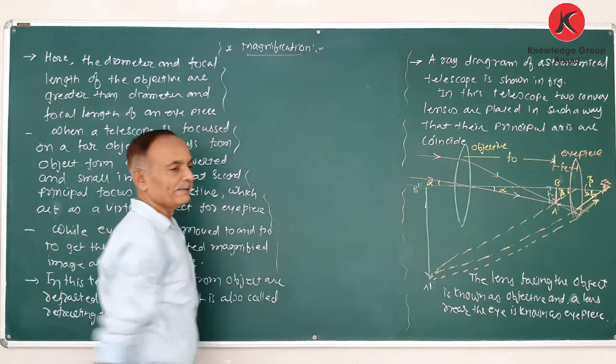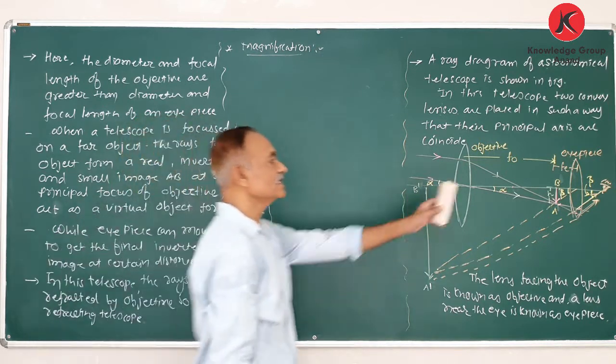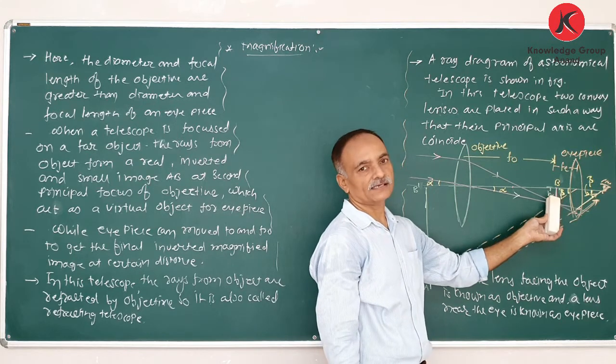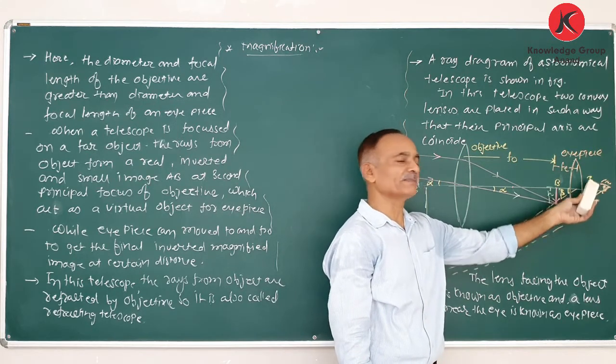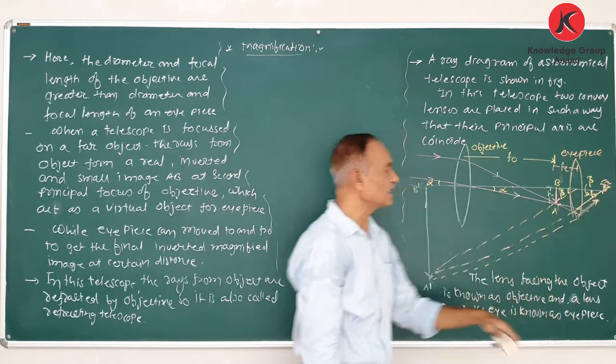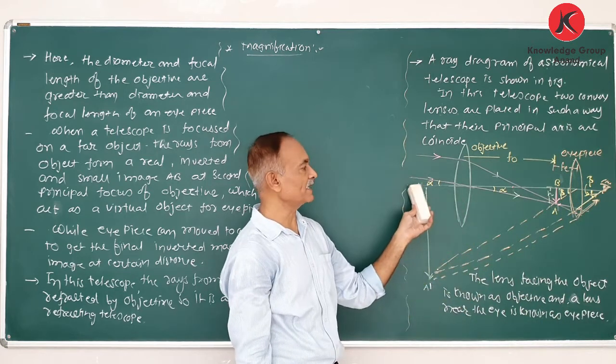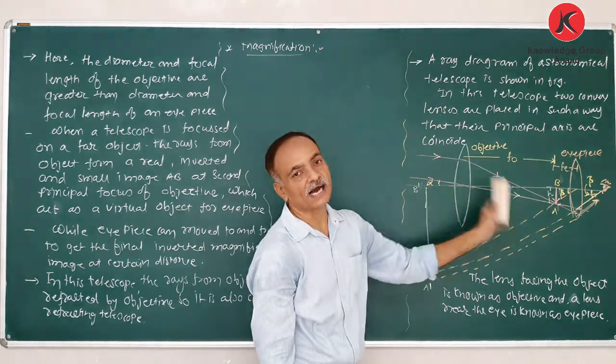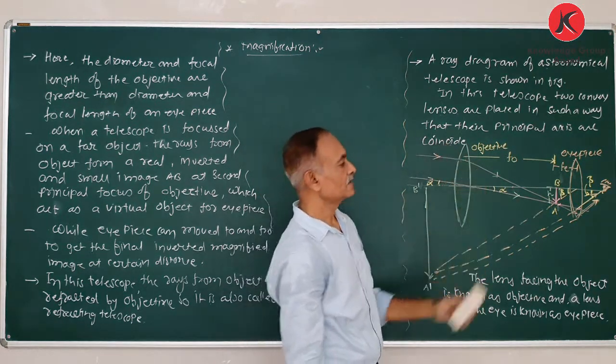The angular magnification of a telescope is the ratio of the angle subtended by the image at the eyepiece, that means beta, to the angle subtended by the object at the objective or at the eye. Right?